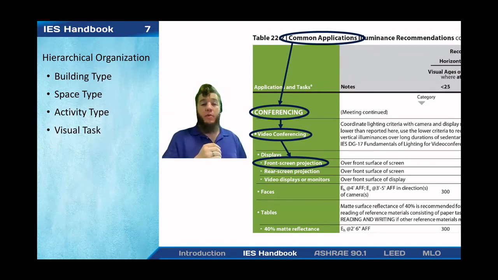But once you're confident you're in the right building type, then you're going to look for your general space type, for example, conferencing. Then you'll have groups of activities like video conferencing, and then the specific visual tasks. That's how you work your way down the hierarchy to identify the specific recommendations most appropriate for what you're doing.